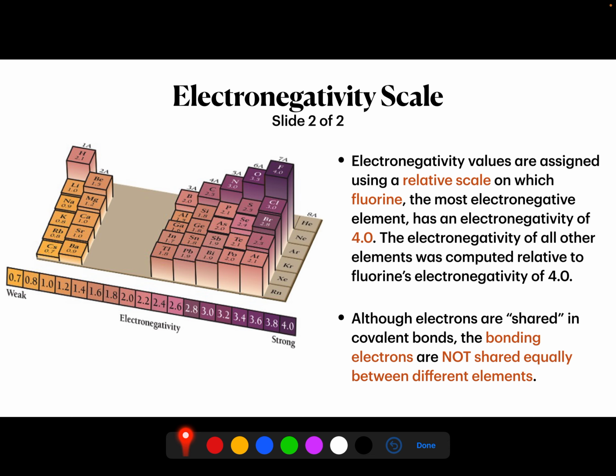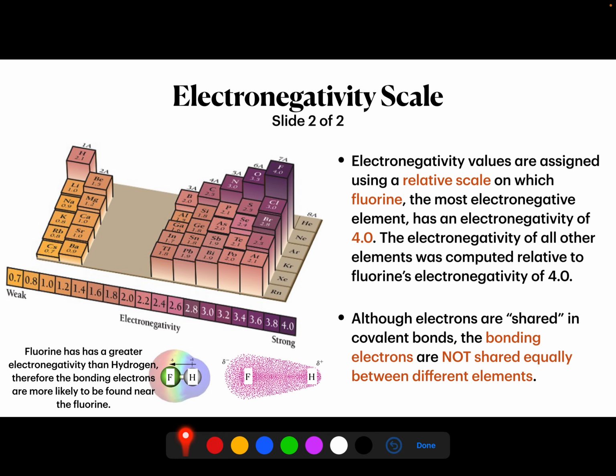Okay, so if we have two elements in a covalent bond and they are sharing electrons, say we're over here on the right-hand side of the periodic table, talking about nonmetals and hydrogen, bonded together in a covalent bond where we're sharing electrons, it turns out that they may not be sharing those electrons equally.